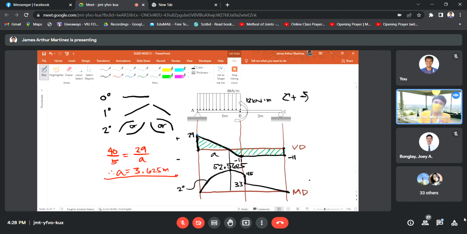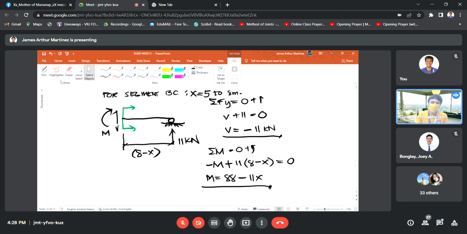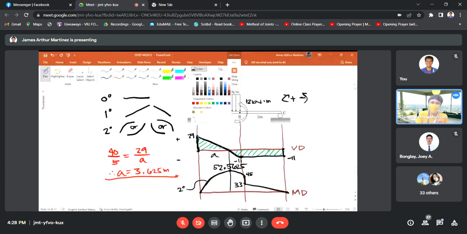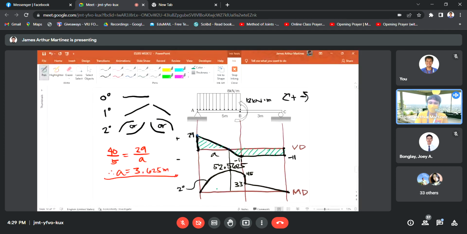So there, it closes. Notice that the equation of the moment at segment BC is just linear, 11x only, class. Linear equations are first degree graphs, a line. So now we have the shear and moment diagrams.